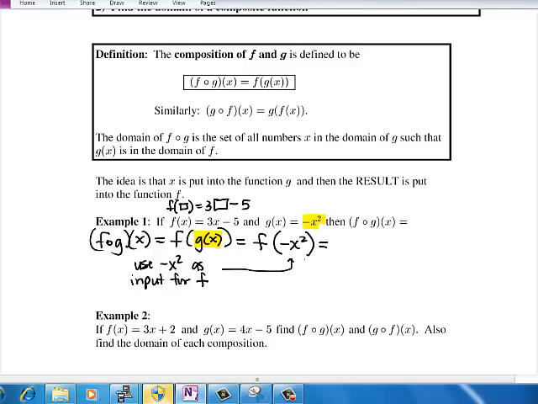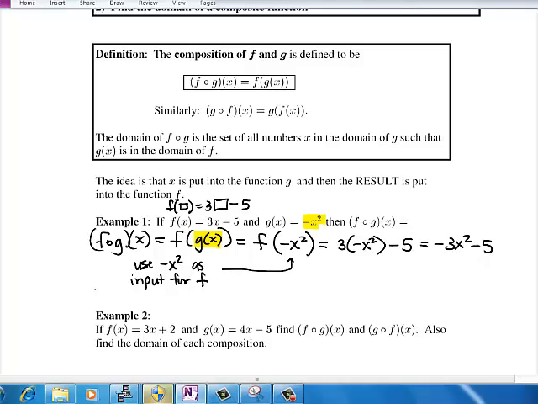So if my input is negative x squared, I will do 3 times negative x squared, and I'll subtract 5. I can rewrite that as negative 3x squared minus 5. So when I do f circle g, I get the formula negative 3x squared minus 5.